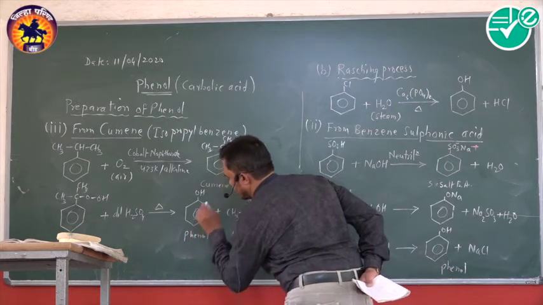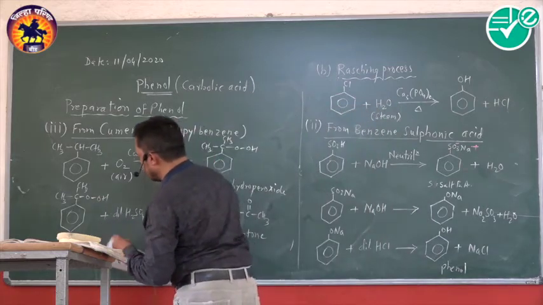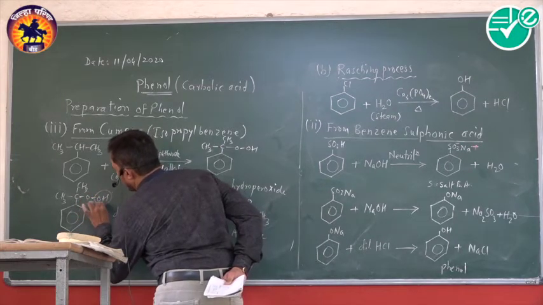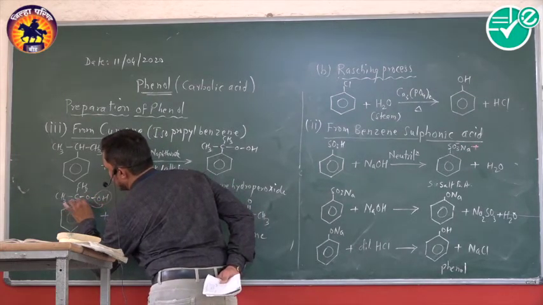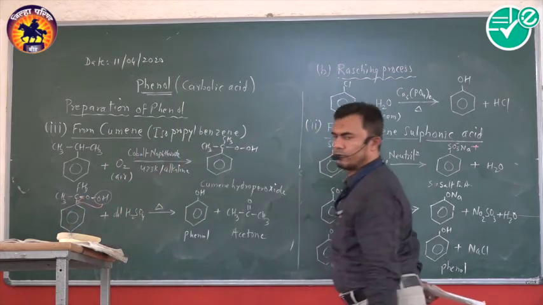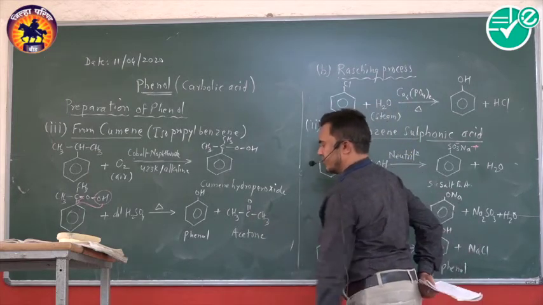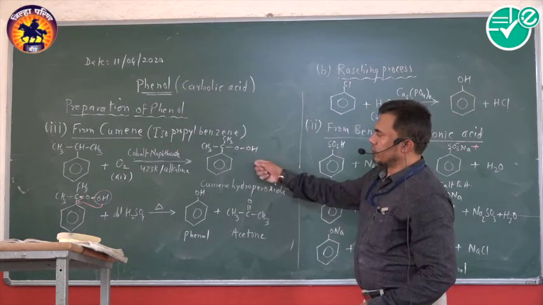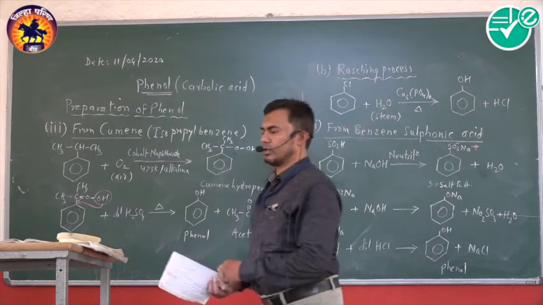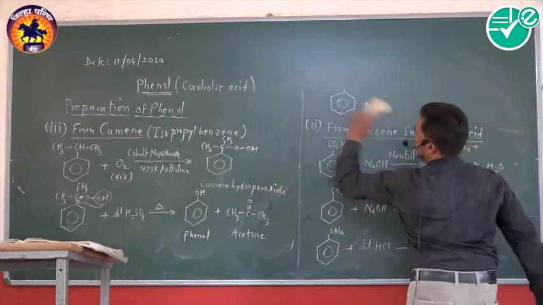No other byproduct is formed in this method. Here the rearrangement is taking place. Look at the formation of this alcohol. The OH group is attached to this position of carbon, and here it gets formation of a carbon double bond oxygen, that is the formation of acetone. So from cumene you get phenol along with the important solvent called acetone. This is the third method of phenol preparation.